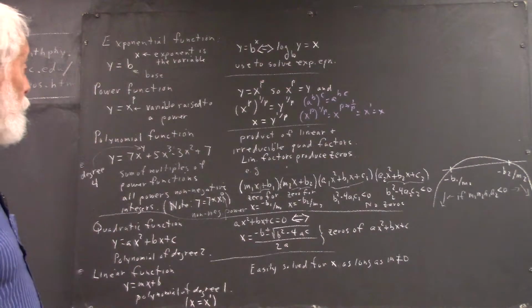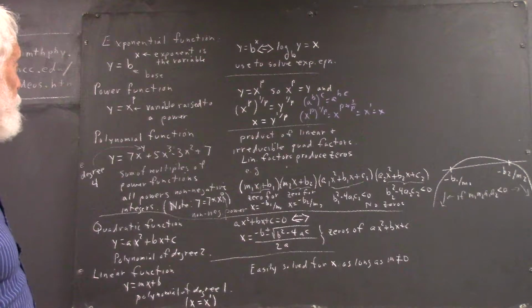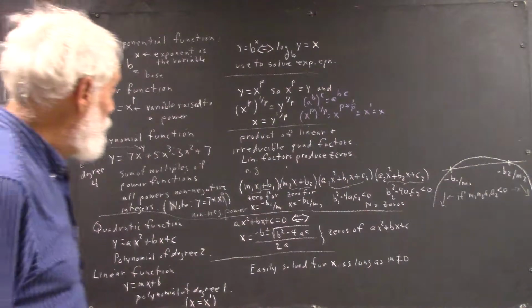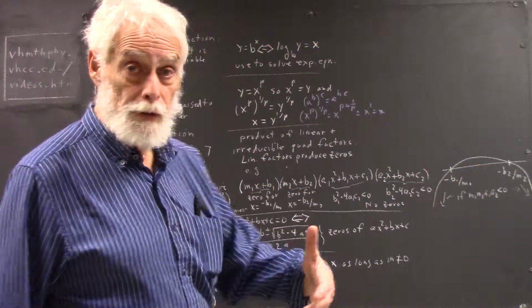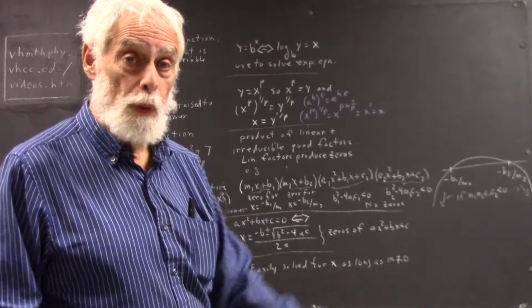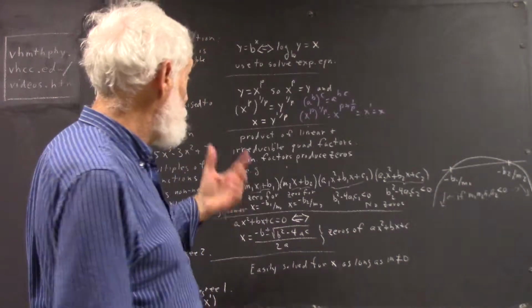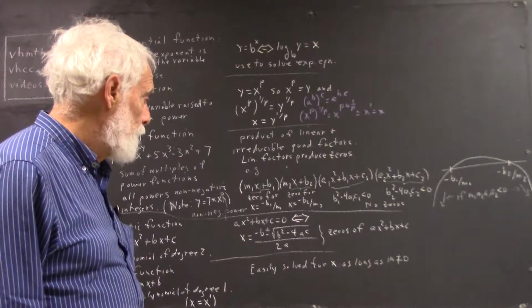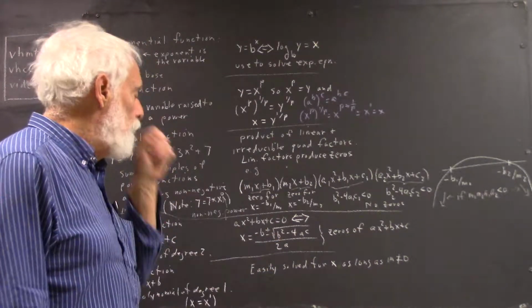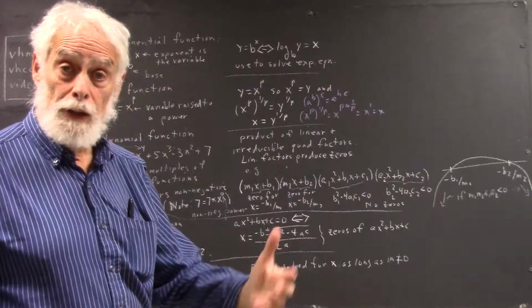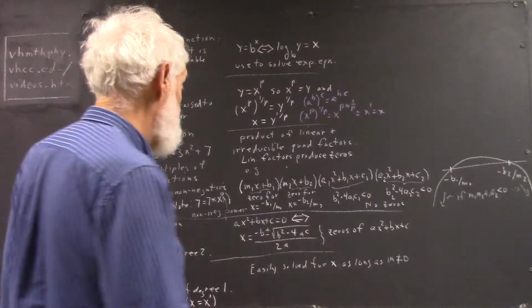Now, polynomial functions. The main thing we need to know about polynomial functions is that any polynomial function turns out to be a product of linear and irreducible quadratic factors. Now, an irreducible quadratic factor is a quadratic factor of this form where b squared minus 4ac is less than 0. Okay?